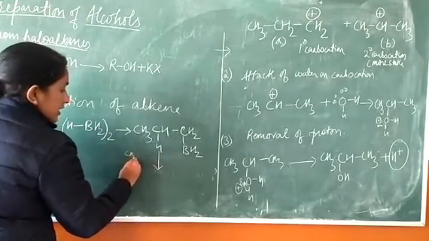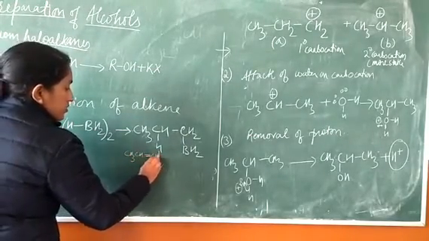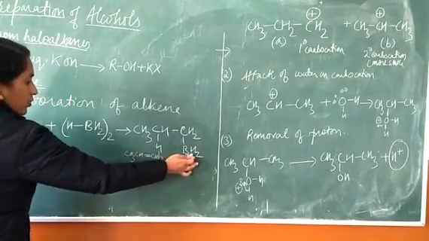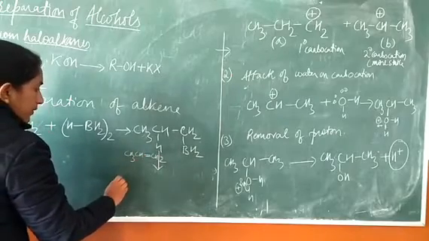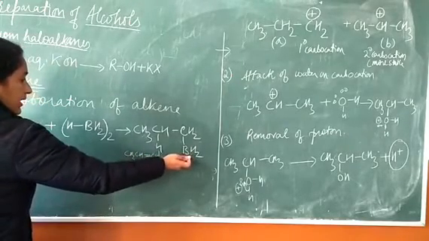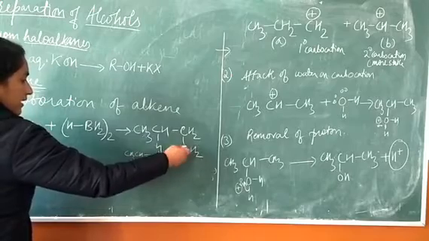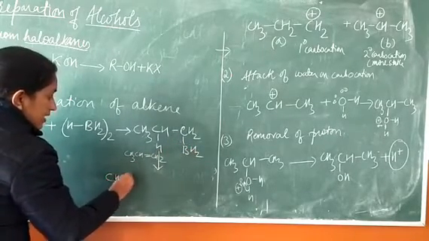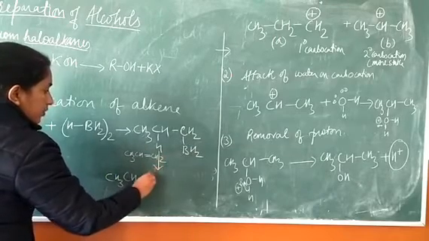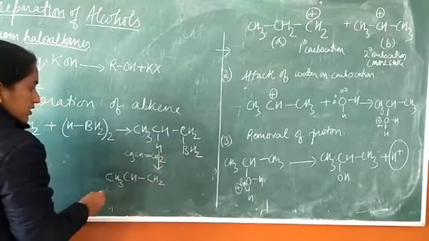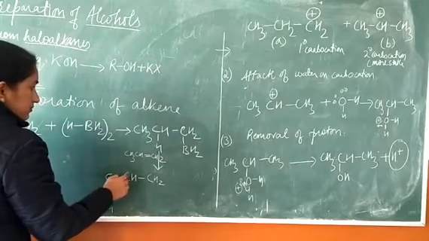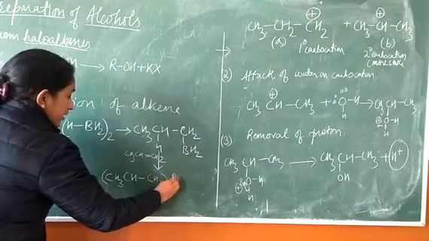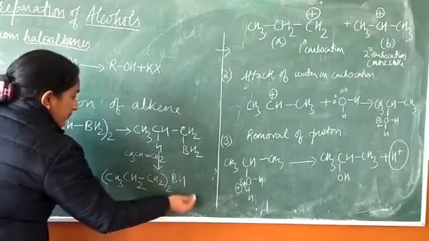And now again we will have to take the alkene. So it is CH3, CH, double bond, CH2. Then again, now the boron has got two hydrogen atoms here. So substitution will take place at the hydrogen atom around the boron, right? So it will be CH3, CH, bond, CH2, right? This is getting now called twice, and we will get here BH.